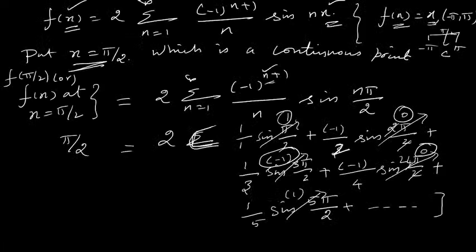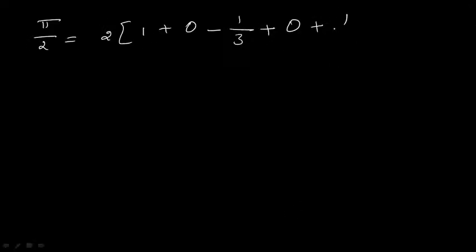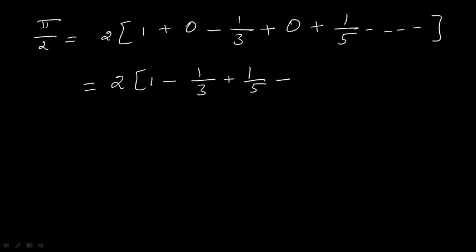Plus, coming to here, 1 by 5 sin 5 pi by 2, that is 1. 1 by 5 product with 1, that is 1 by 5. The next term is minus, isn't it? Etc. So that is equal to twice 1 minus 1 by 3 plus 1 by 5 minus etc. That is equal to pi by 2.